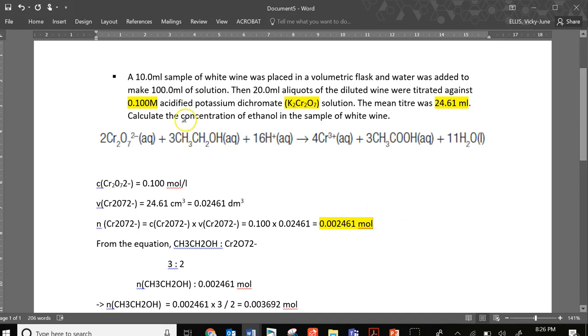Then if we look at our equation, we have dichromate, which is what we found, and we want to relate that to the amount of ethanol. If we look here, the ratio of ethanol to dichromate, so this is what I want, remember a ratio of what I want over what I've got, would be 3:2.